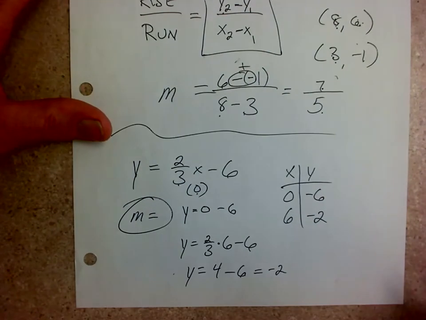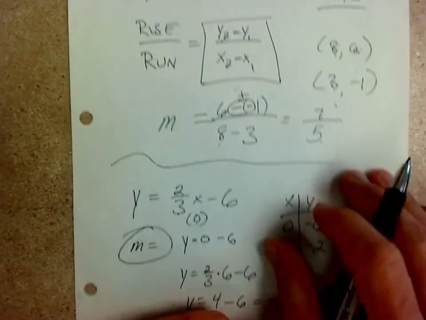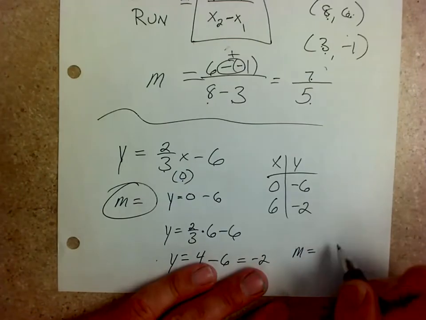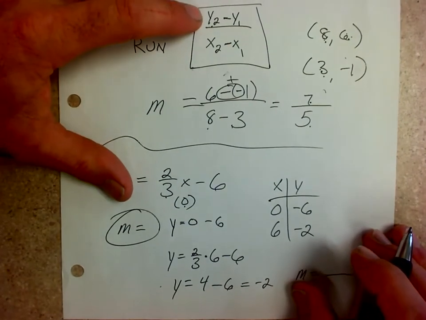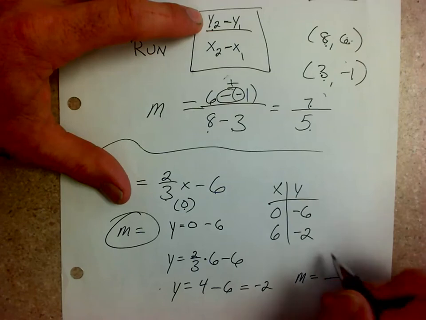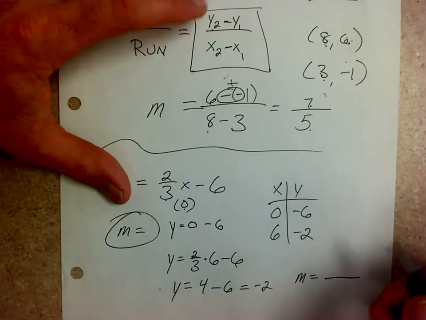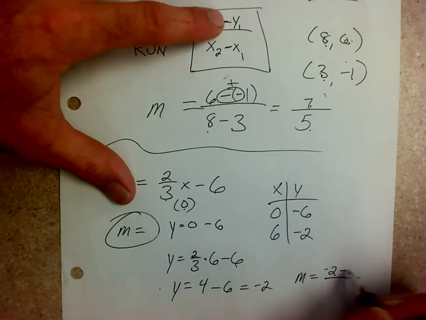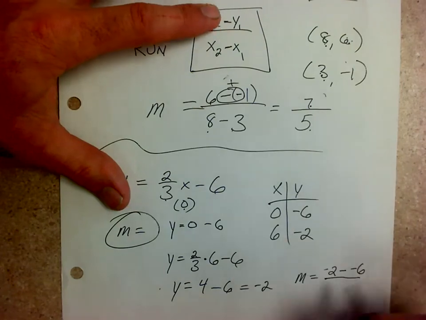This problem wants us to determine our slope. So now we have the two points we required, so we can use our formula. The trick here is putting the right numbers in the right place. So y2, based on what we come up with, we're not going to be able to dodge the negatives: -2 minus -6.